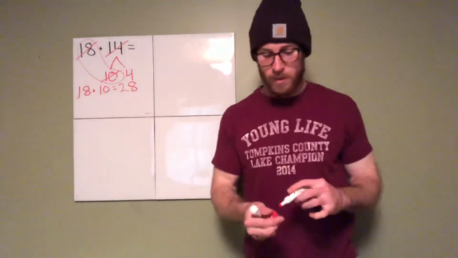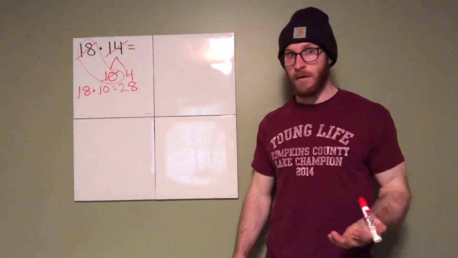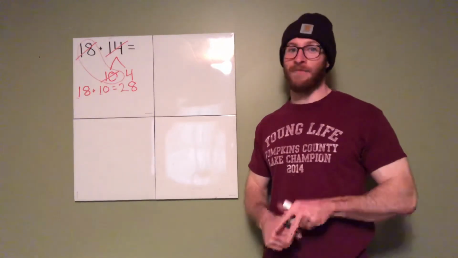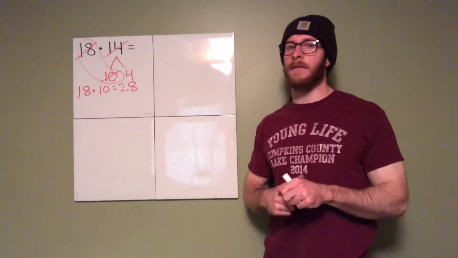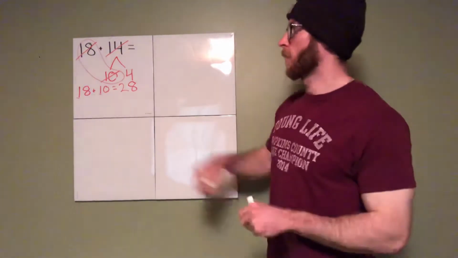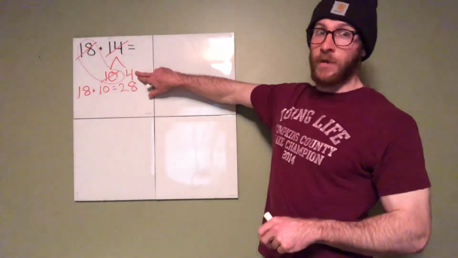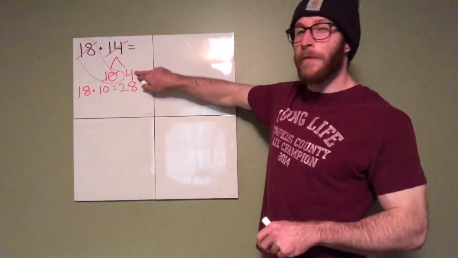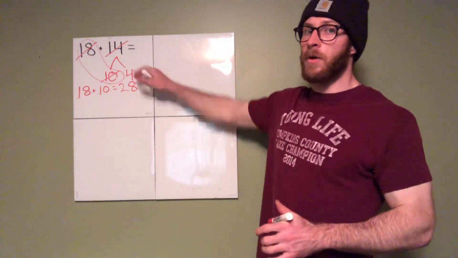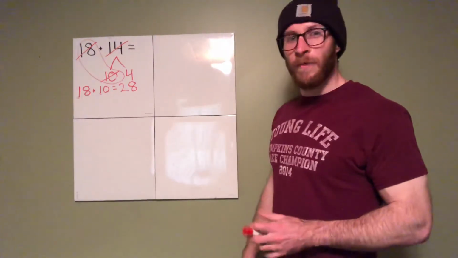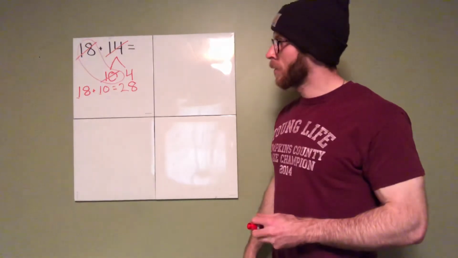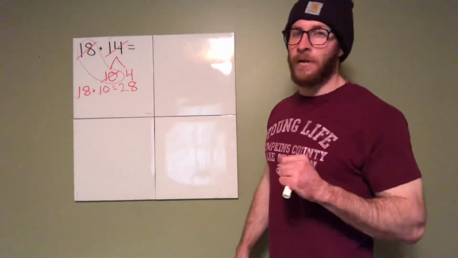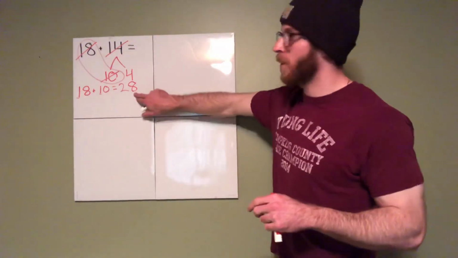Am I done? Are we done? We're not done. Why aren't I done? What number do I still have left? I haven't crossed out number 4 yet, so I must have to do something with that number. What am I going to do? What do I do with the number 4? I think I know. Tell me if I'm right. Am I going to add it on to my 28?